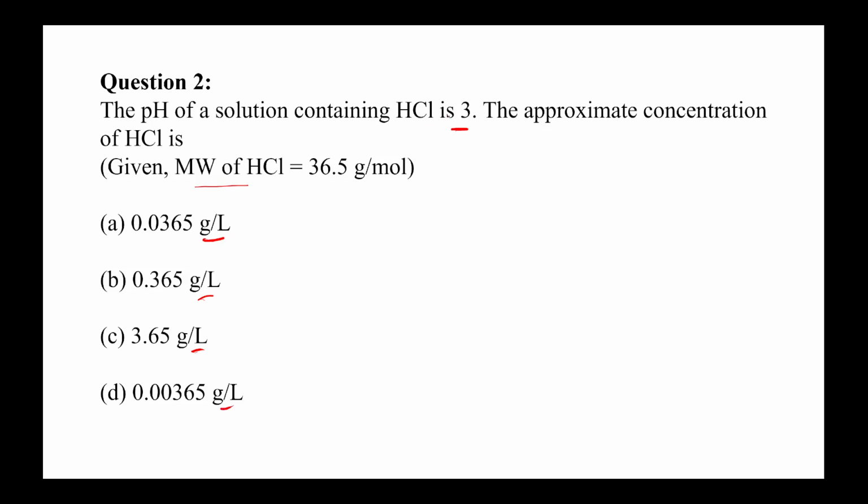Whatever concentration you calculate from the pH will be in the unit molar. Molar is basically moles per liter. From this molarity, you have to calculate the grams per liter. For that, you have the extra information, that is the molecular weight.